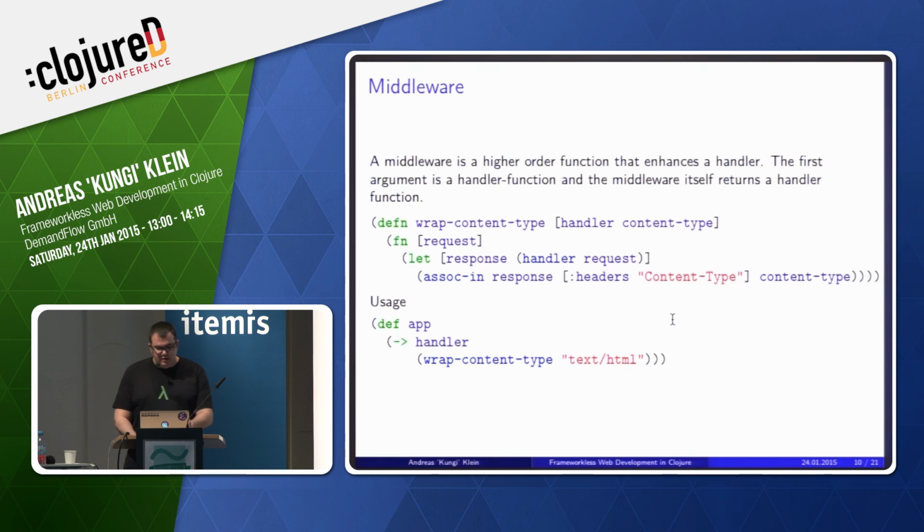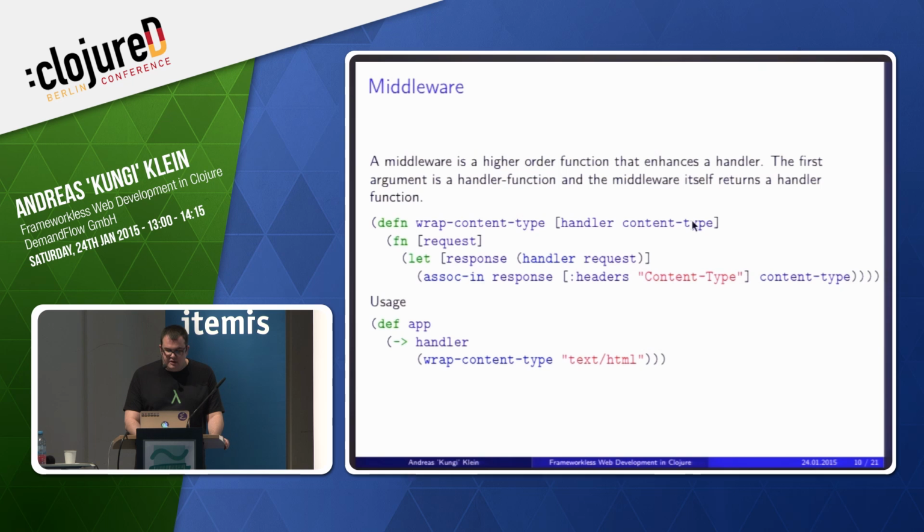I talked about middlewares. Middlewares are like handler functions. They just don't give a response map, but they enhance a handler function. Like, for example, this wrap-content-type function here. If you always wanted to return, for example, the text/html content type, you can just wrap your handler in this function.